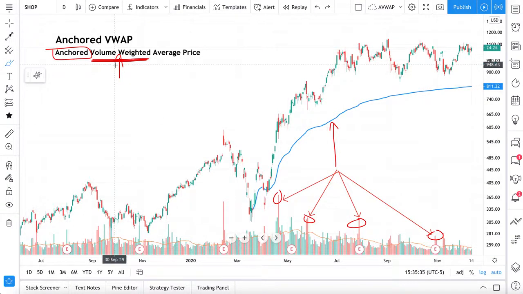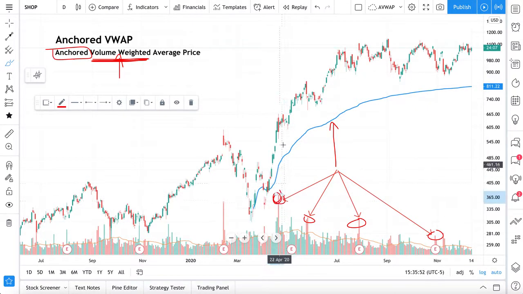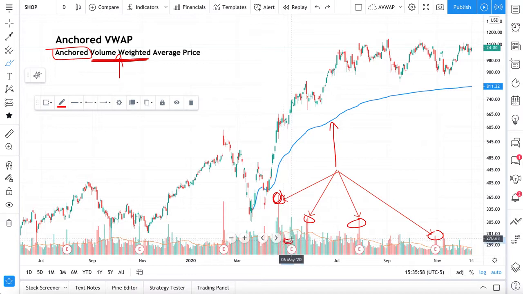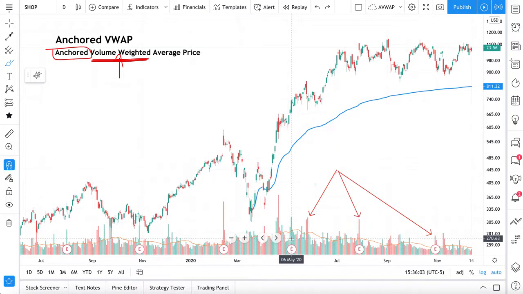The line is telling you that the average price shown here is weighted by volume. So volume has an impact on the average price. Higher volume points are going to have more weight on the construction of this line than lower volume points like this here. That's what volume weighted means.